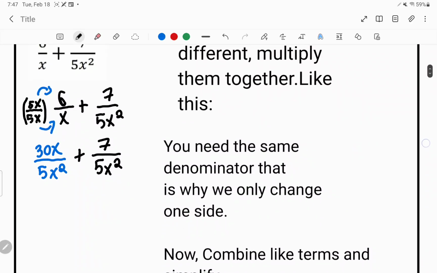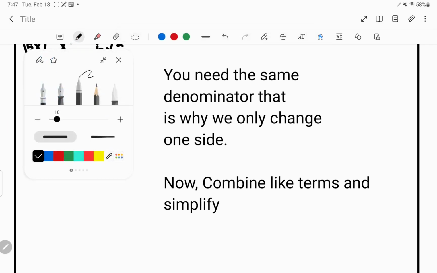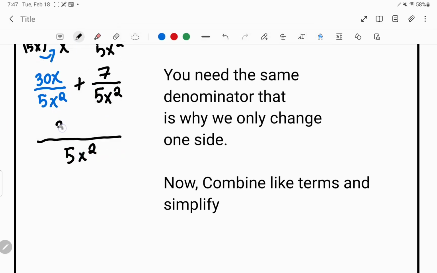Now, as we have the same denominator, we can now convert this into one fraction. So we're going to go ahead, combine that, and we're going to keep only the denominator. We don't have to add the denominators. We just keep the same one. And on the top, we're going to have 30x plus 7.